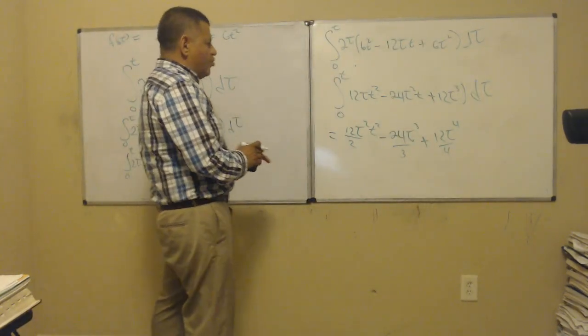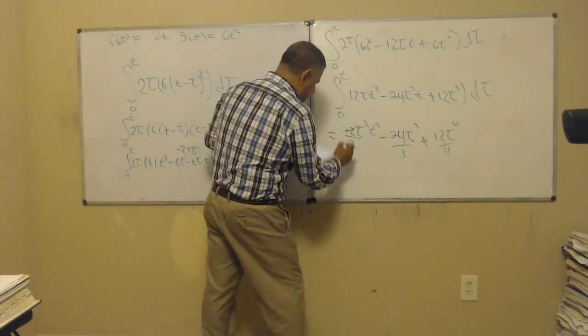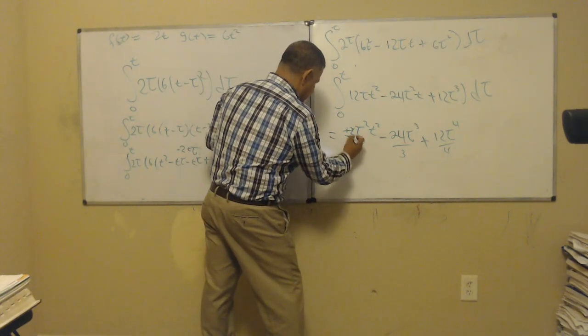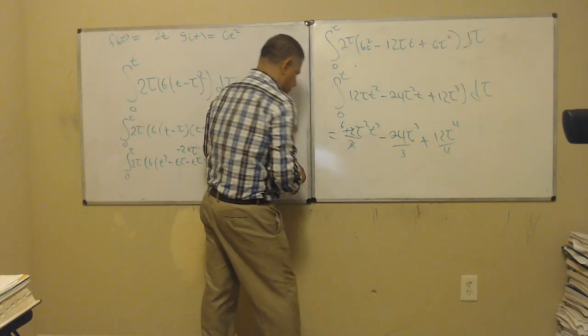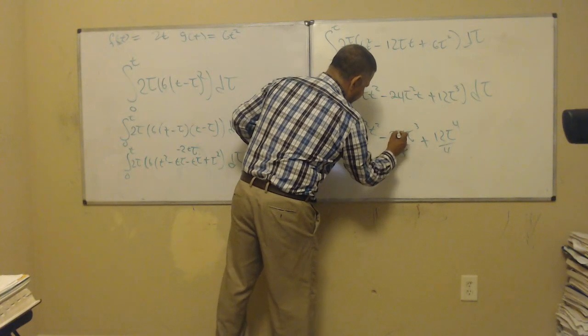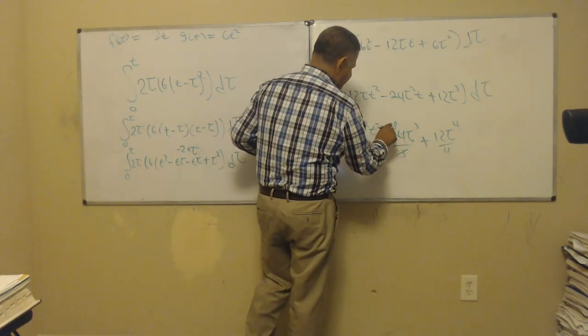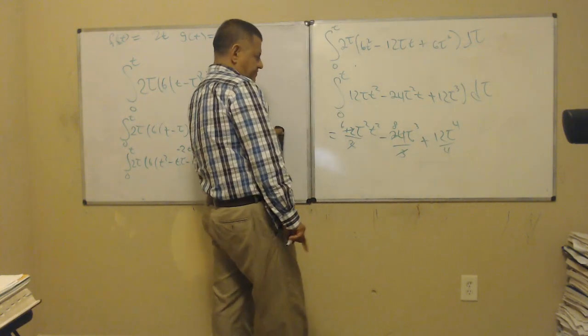Now we can do some simplification. This can be divided by 6, this guy can be divided into 8, and of course it's negative, so make sure we keep the negative.